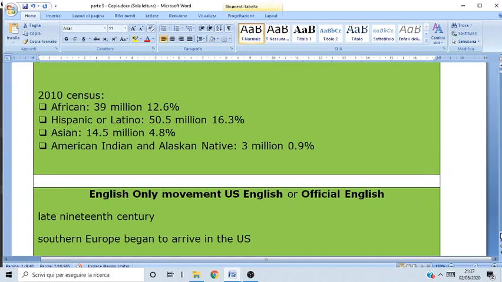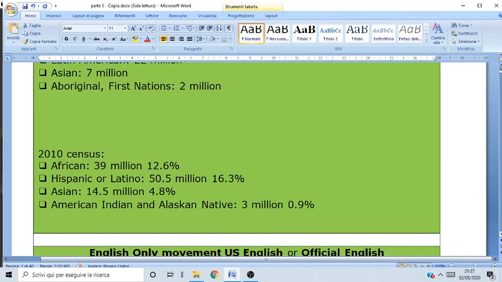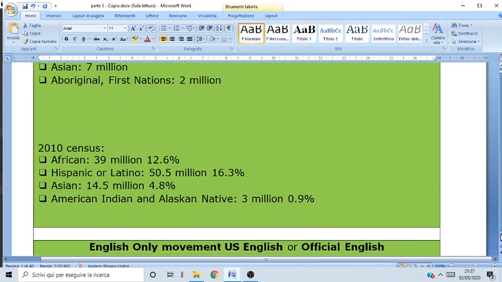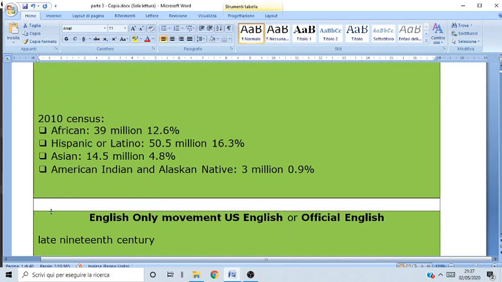American Indians and Alaskan Natives, about 0.9%. Okay, so this is the difference. And as you can see, there was an increase in people of Hispanic or Latino origin.